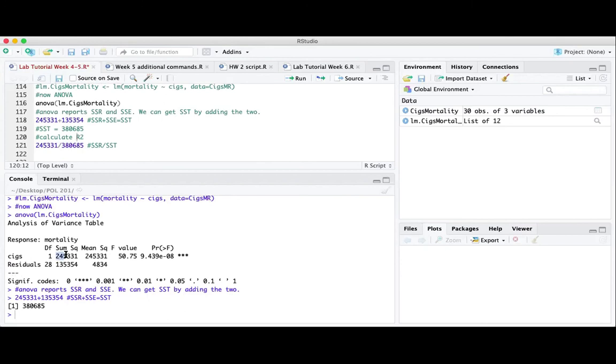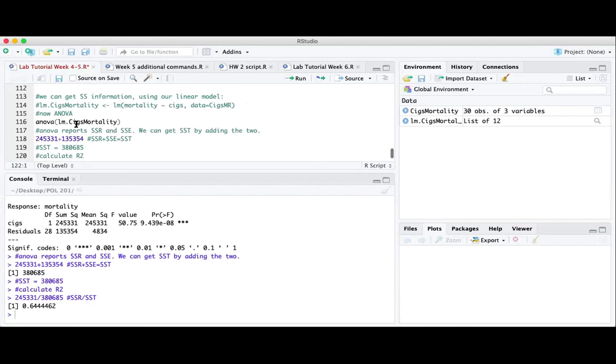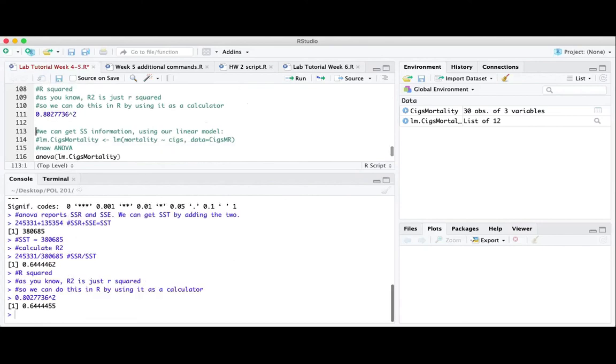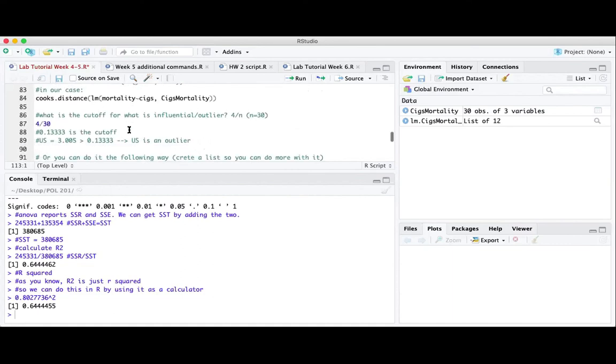So SSR over SST that we just calculated gives us R squared. So that's precisely what I'm doing here. And we get 0.64, right? And it's the same thing that we got when we squared Pearson's R right here.